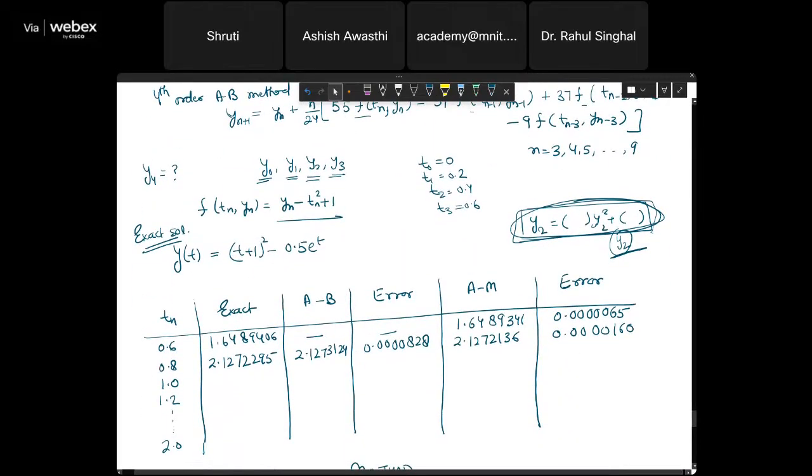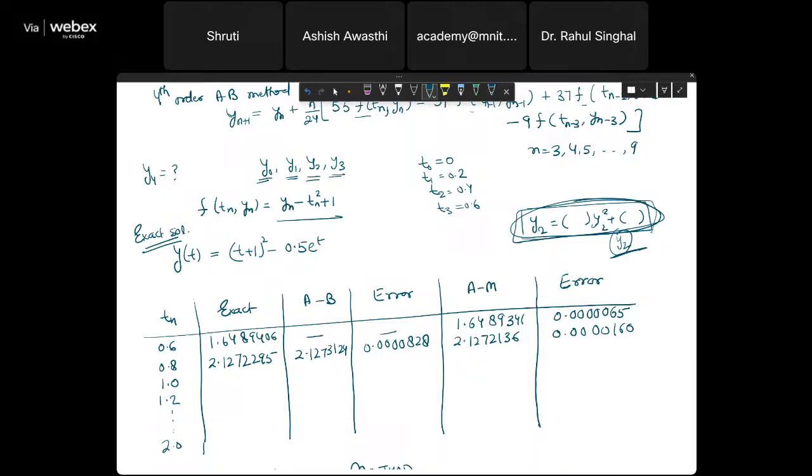Here it is done for the Adams-Bashforth and Adams-Moulton methods separately, but the same we can do with the predictor-corrector method, in which the Adams-Bashforth method is used as predictor and Adams-Moulton as the corrector. For both we will use fourth order accurate methods. Then the comparison will be good enough to judge the accuracy of the solution.